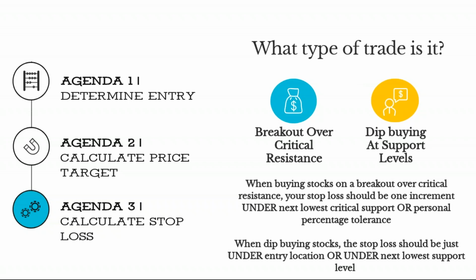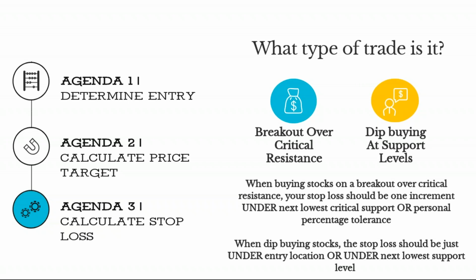And then once you find that level, now that we know that natural levels of support act as a level for it to bounce, let's find the next closest natural support level. Let's say it's 470, and we'll put the stop loss at 469. We can find that by calculating our personal percentage tolerance. If that stop loss falls within that tolerance level, we're using natural support, and it takes away the risk of having your stop loss way below a technical support level.